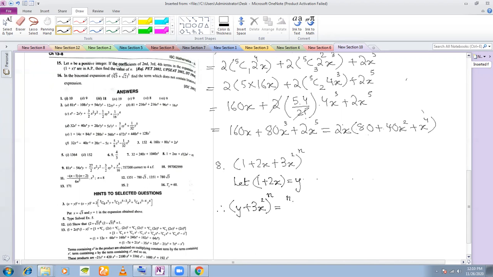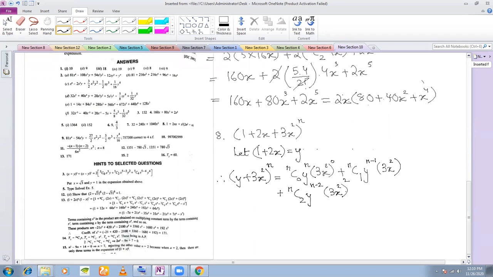So this is nc0 y to the power of n into 3x square to the power of 0 plus nc1 y to the power of n minus 1, 3x square to the power of 1 plus nc2 y to the power of n minus 2, 3x square whole square.